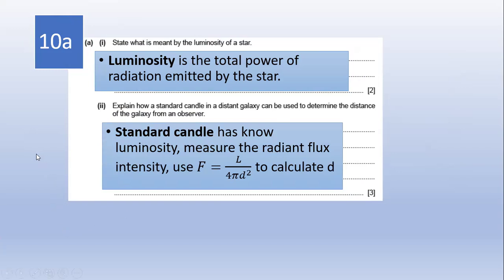That means you can measure the radiant flux intensity on Earth. There's your F. Then use the formula: you know F, you know L, so you can calculate d. Okay, good.